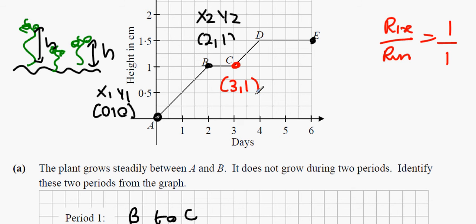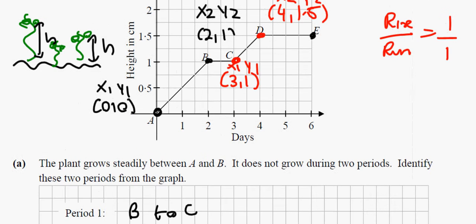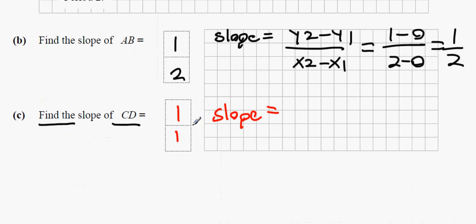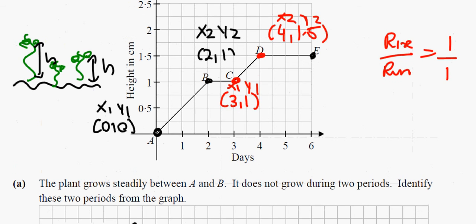D is going to be 4, 1.5. Once again, x1, y1 and x2, y2.